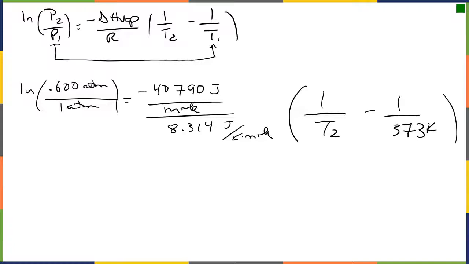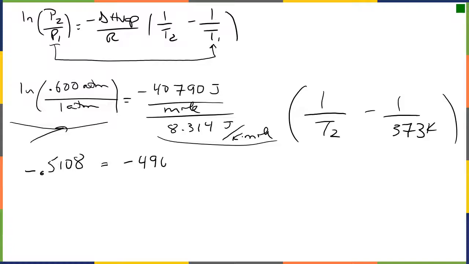Now, these are just numbers. That is a number, and that is a number. So we're going to plug them into our calculator and see what we get. When we take this 0.6 over 1, this is going to have a value of minus 0.5108. This portion into our calculator is also a number, and this is equal to minus 4906, and we're multiplying by 1 over T2 minus 1 over 373.